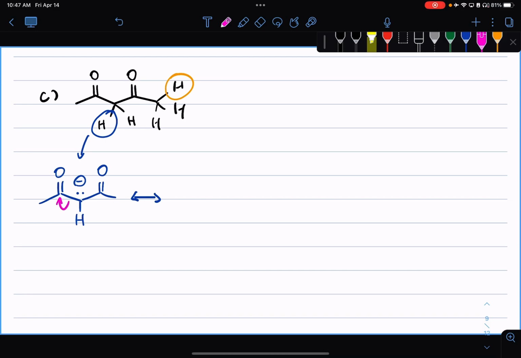So it can either go this way to form a stable resonance structure, or it can go this way to form a stable resonance structure.